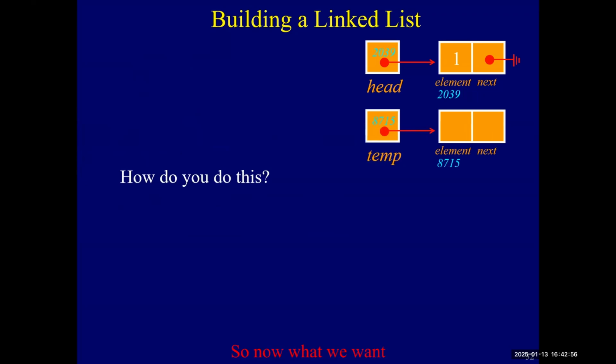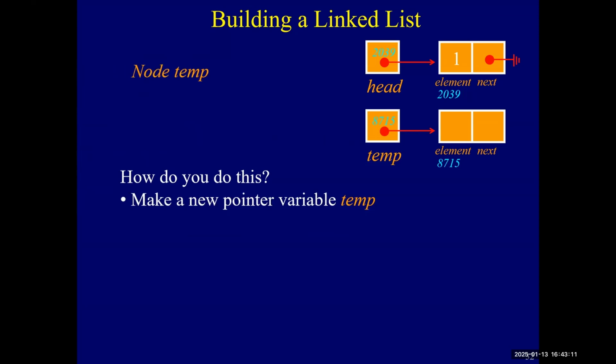All right, so now what we want to do is build this next thing. You can think about how we can do it. We make a new pointer temp, so that allocates the memory for temp. And then we have to make a new record.